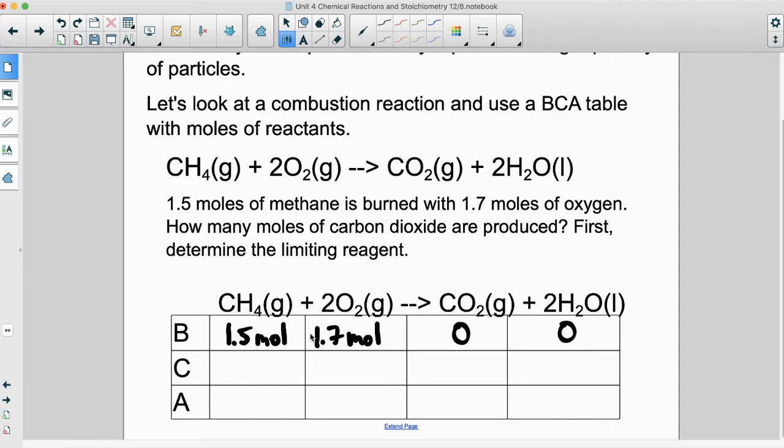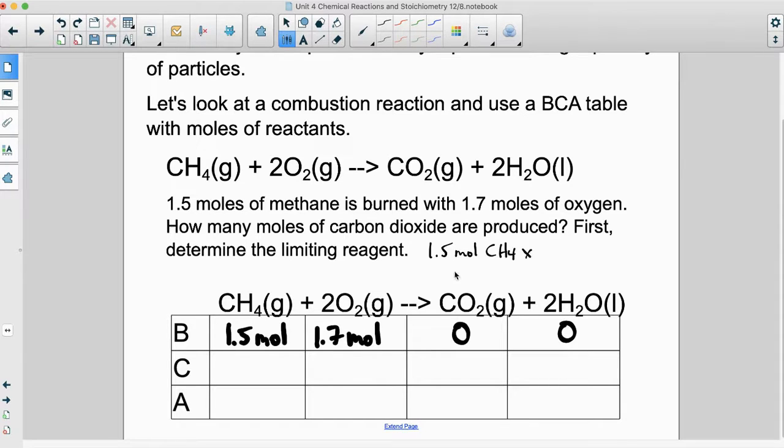Next, we want to figure out which of these is the limiting reagent. So again, here, I'm going to take my CH4. I have 1.5 moles of CH4. I'm going to figure out how much O2 I would need to react all of that away.